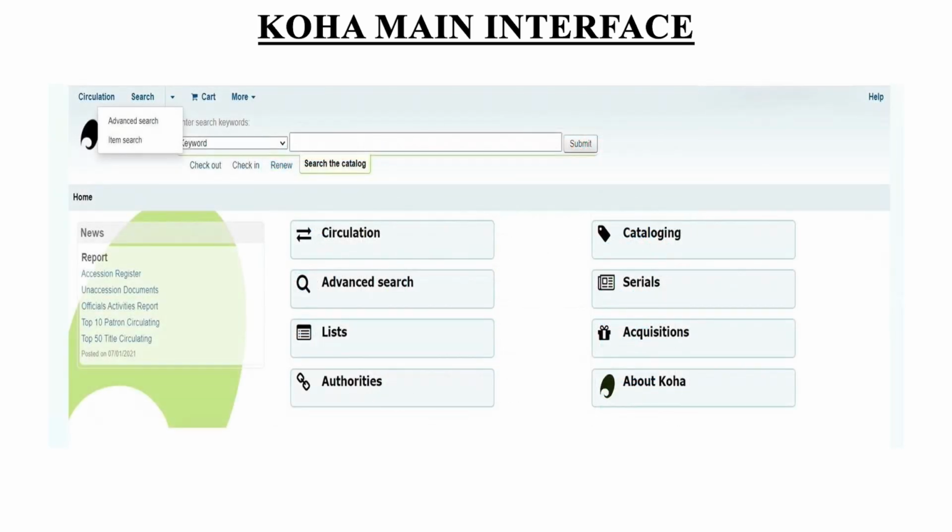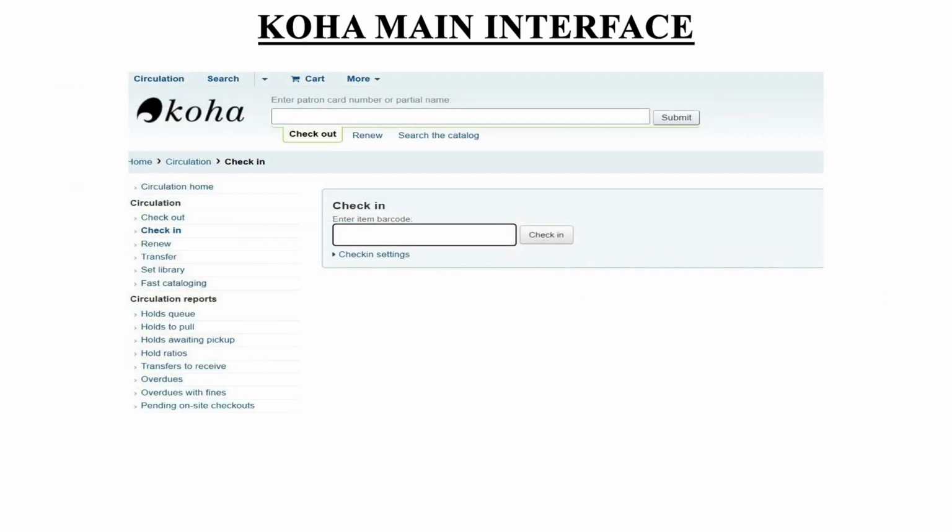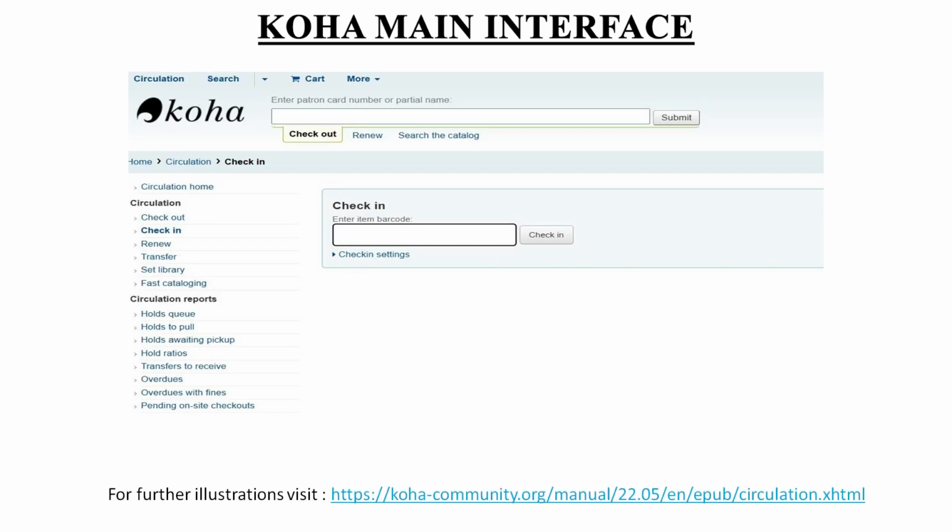Then the Koha main interface: how this Koha interface is connected with the circulation systems, advanced search, lists, cataloging, serials, acquisitions, requisitions, all these are related. So all these circulation interfaces, you can see how the circulation systems work following these things.